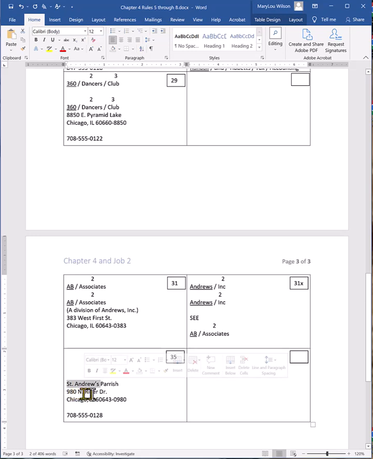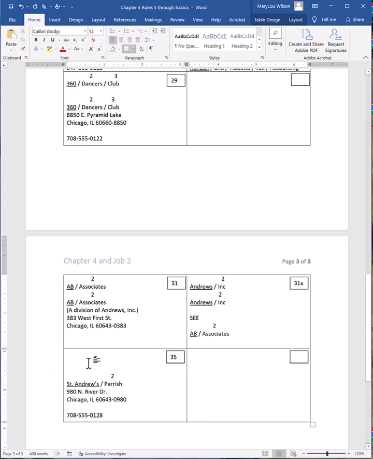And of course, we're going to drop all punctuation. But let's go ahead and put our slashes in. And then we're going to mark St. Andrews as one word, one unit. So we'll put the underline across the whole thing, underneath the whole thing. And then Parish becomes unit 2.